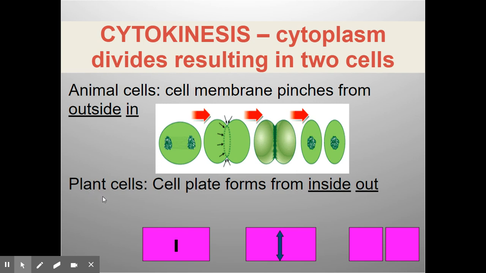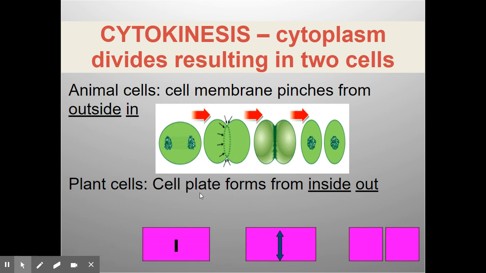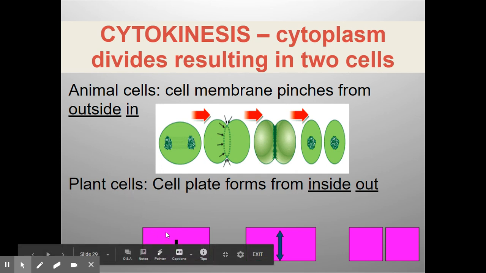Whereas in plant cells, they actually form a plate on the inside and it goes outward. And this is just to keep it from spilling out, because animal cells are kind of squishy, as are all of us who are kind of squishy beings. It's okay if we have our cells pinch off to keep all the squishiness inside, whereas plant cells are really rigid and they don't want to have their insides of each cell spill into each other.